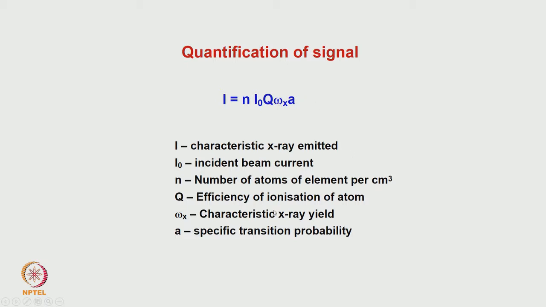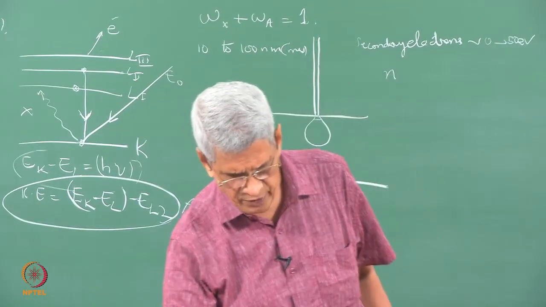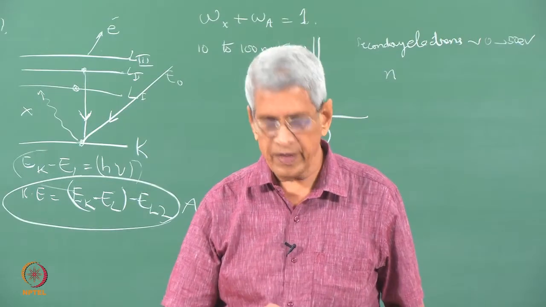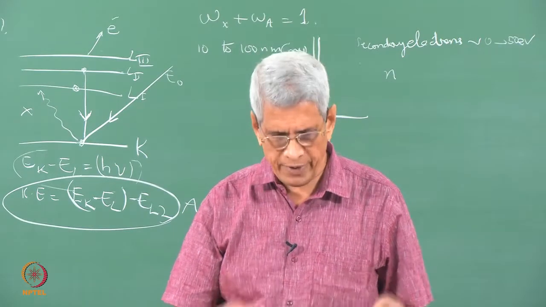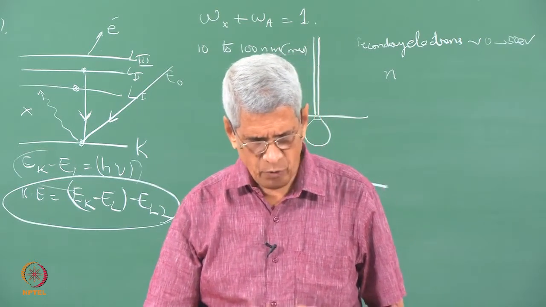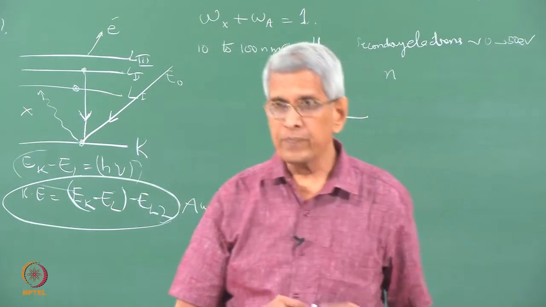Then, as I mentioned, when a core ionization has taken place, all this core ionization does not result in characteristic X-ray emission, only a part of it. That is what is given by this factor omega x, which is called the characteristic X-ray yield. Okay.